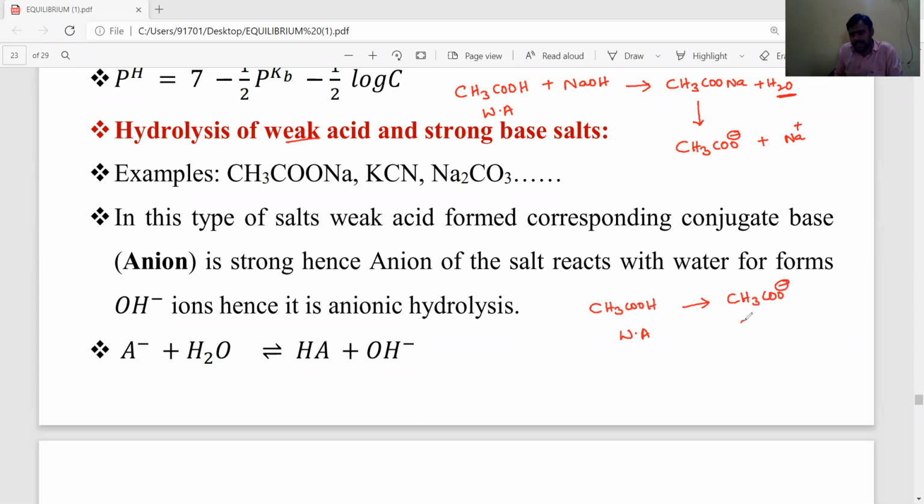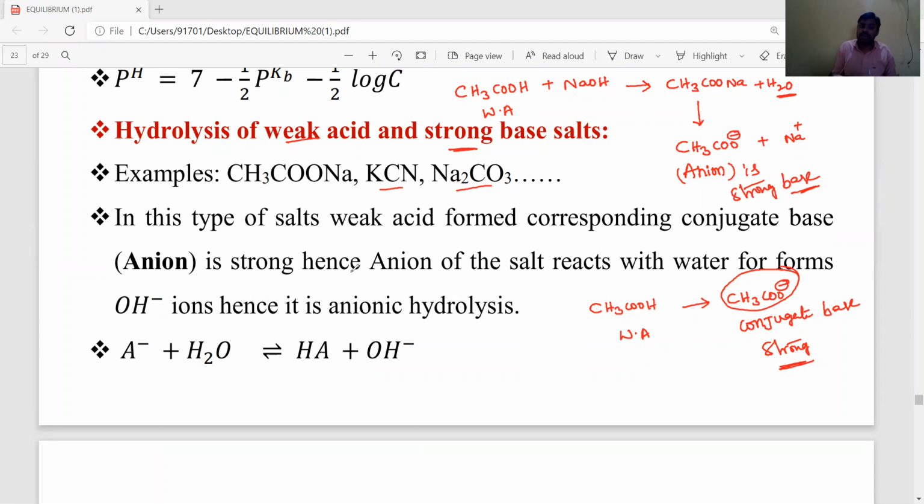CH3COO minus is a conjugate base, and the conjugate base is strong. Already we discussed in Bronsted-Lowry acid base theory, a weak acid forms a corresponding conjugate base that is stronger. So this anion is a strong base.